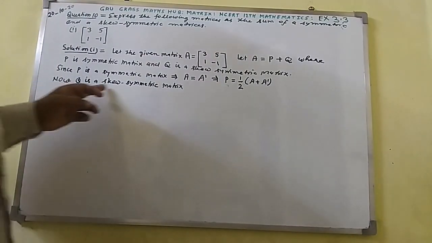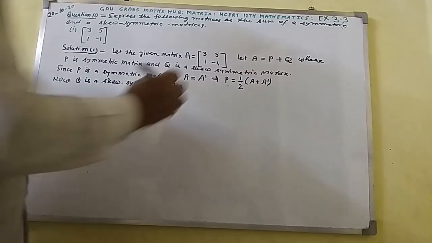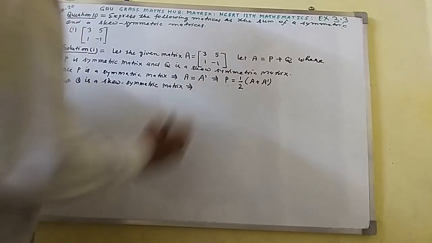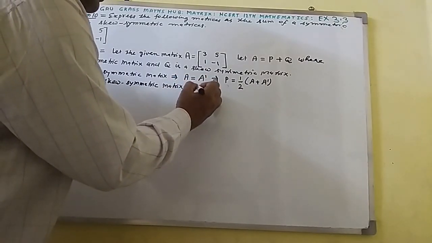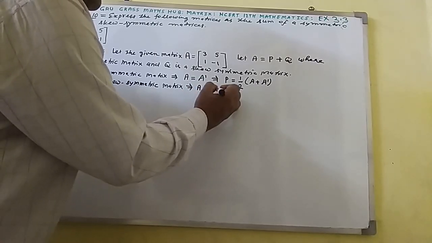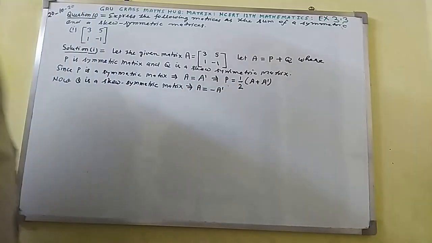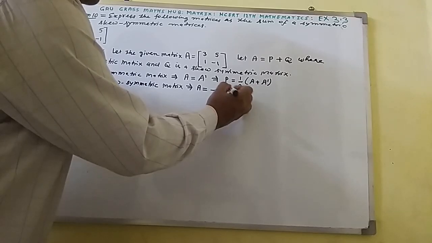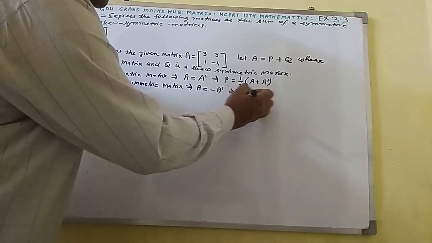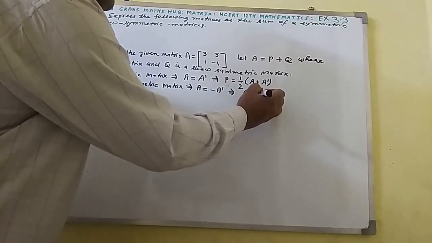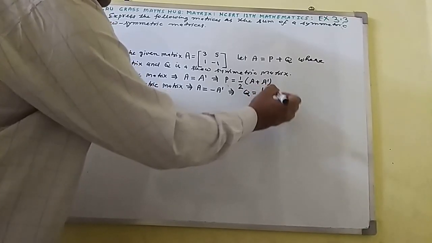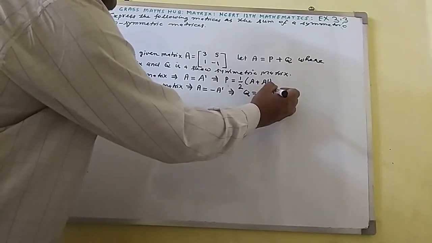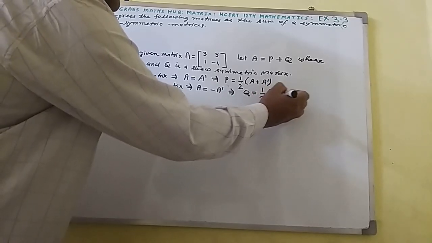Now Q is a skew symmetric matrix, which implies that A equals minus A dash. You can write Q equal to 1 over 2 in bracket A minus A dash.